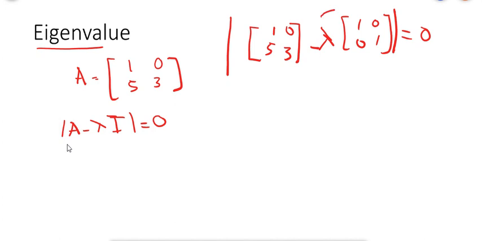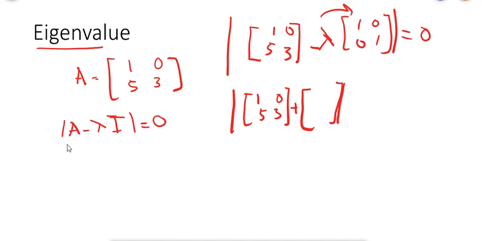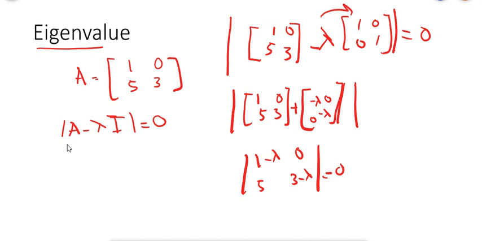Now multiply minus lambda inside, and it will be the determinant of [1, 0; 5, 3] plus [minus lambda, 0; 0, minus lambda], which equals the determinant of [1 minus lambda, 0; 5, 3 minus lambda], equal to 0.